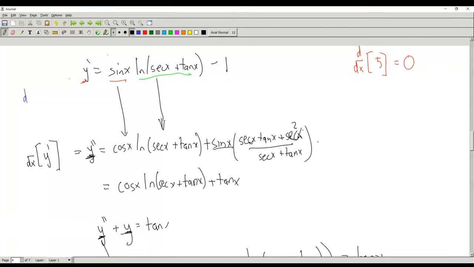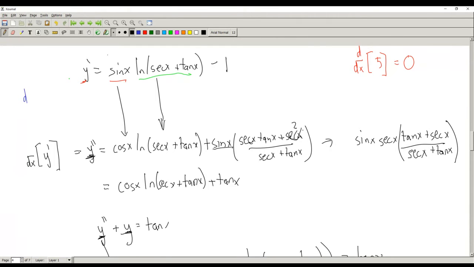So we can then also multiply that sine x into here. What actually will be easier is to say that this is equal to sine x multiplied by sec x tan x plus sec x over sec x plus tan x.